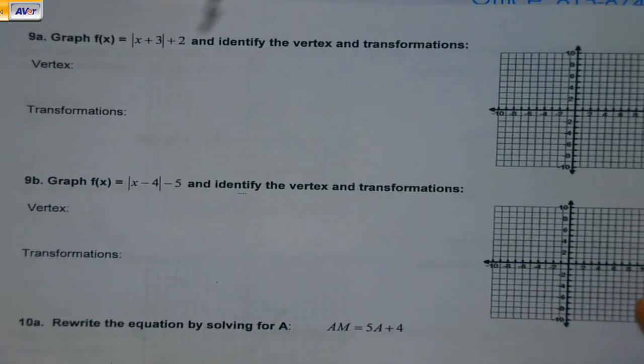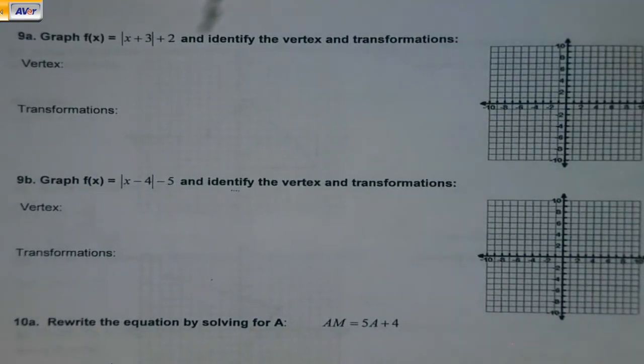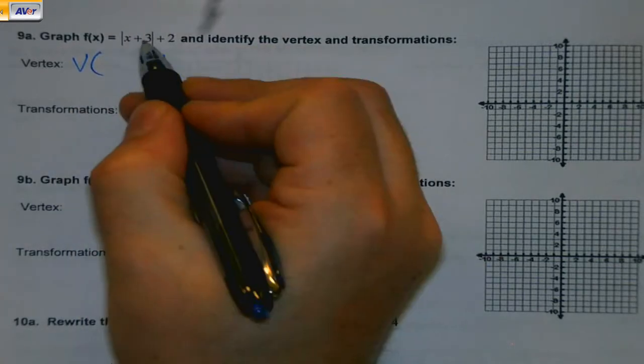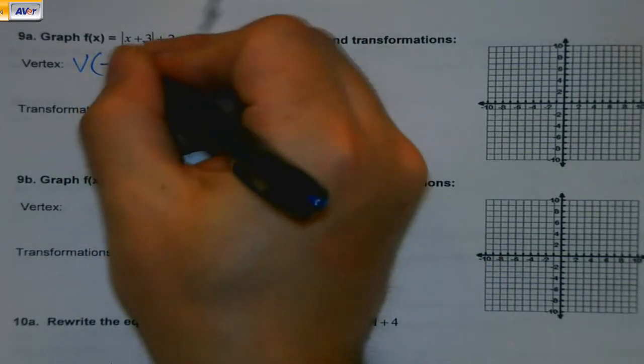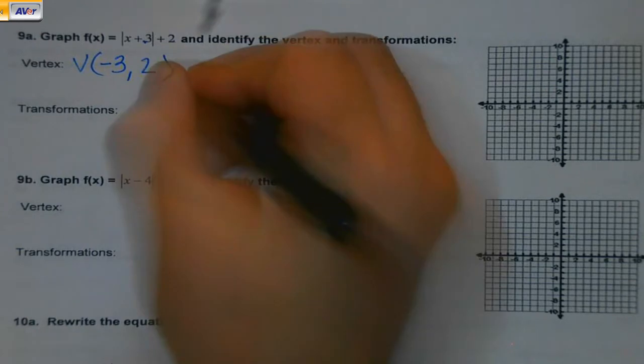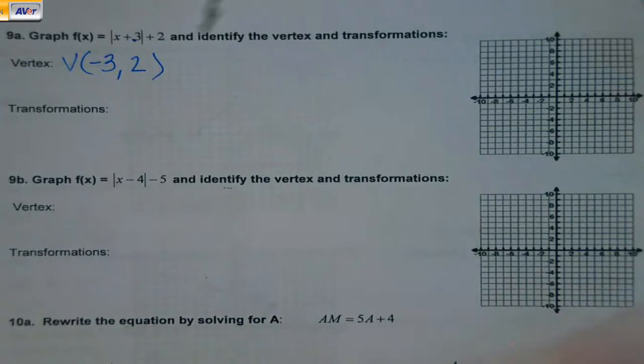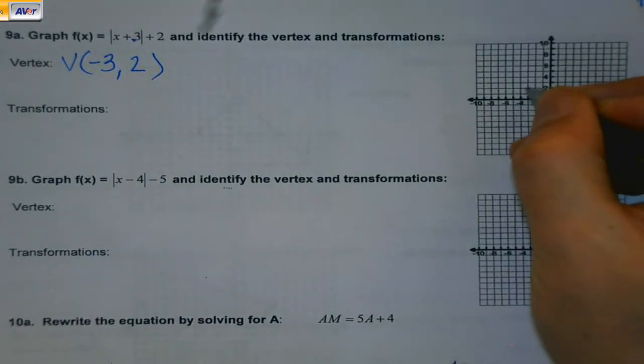Next part, we're going to graph the absolute value function, identify the vertex, and transformations. Again, it's a fancy way of saying shifts. My vertex, opposite of h, plus k. So opposite of what's inside, keep what's out. Negative 3, 2.